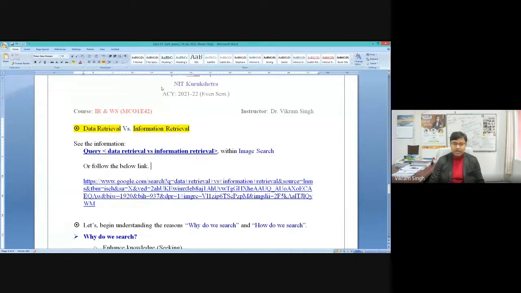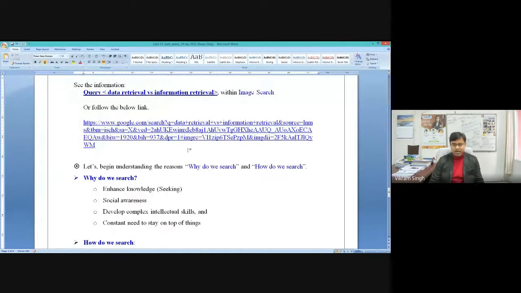So with this, let's assume that we have some idea about the retrieval part, the search part, right? Naturally, before starting this course, you must have had some idea of how information search or data search is applied and implemented, because we are interacting with search systems on a regular basis.